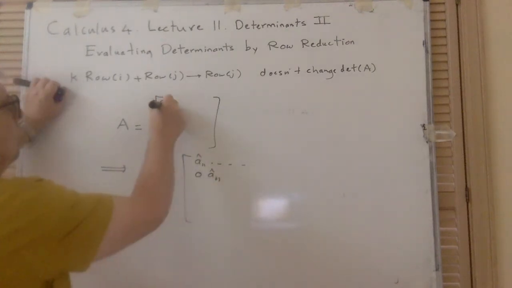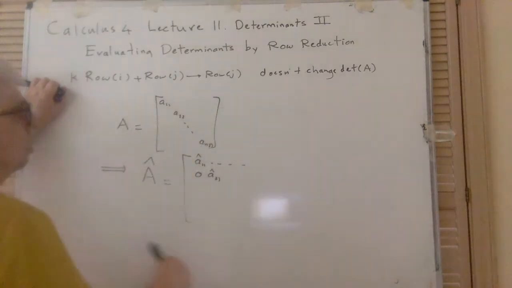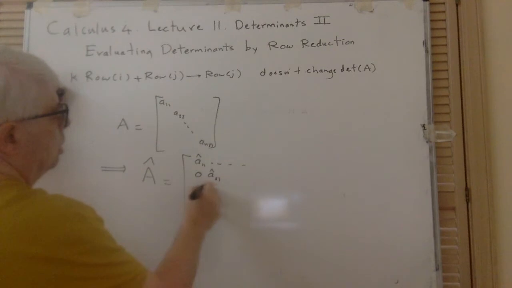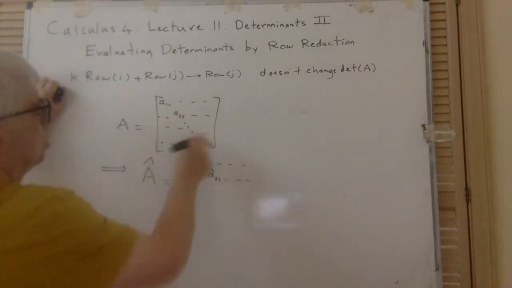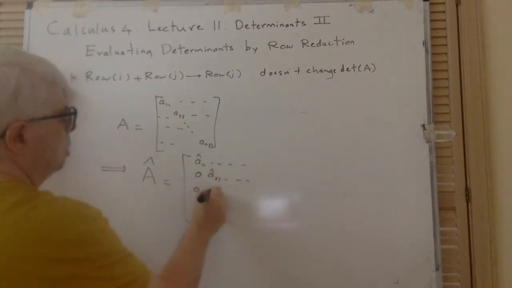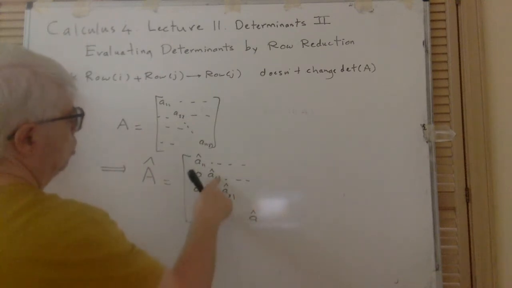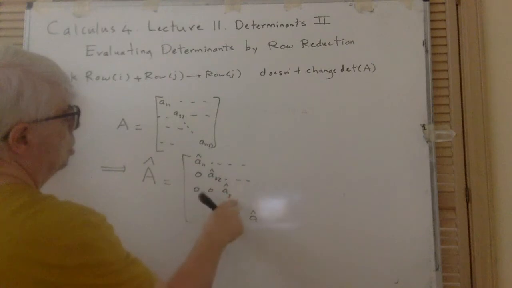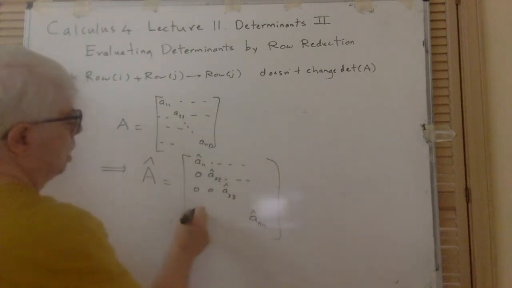So this is A 1 1, A 2 2, A n n, and it's full. It's not 0. And then something da da da, and it is not 0. And then the third row will be 0 0 A hat 3 3, and zeros.